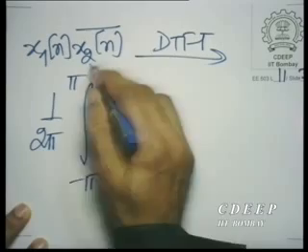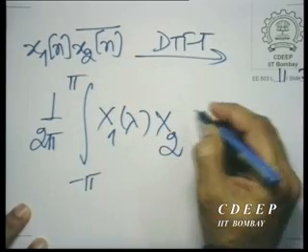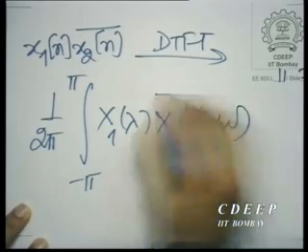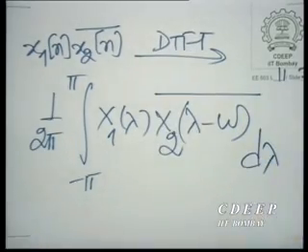Now here you would have to write X2(ω − λ), but it would be X2(λ − ω) complex conjugate dλ, because you change the sign of the argument and you also complex conjugate. Is that correct?